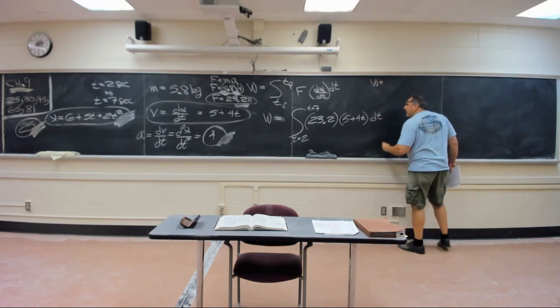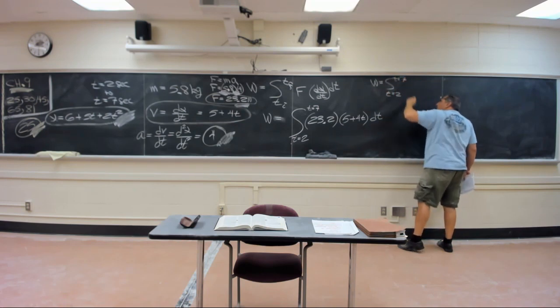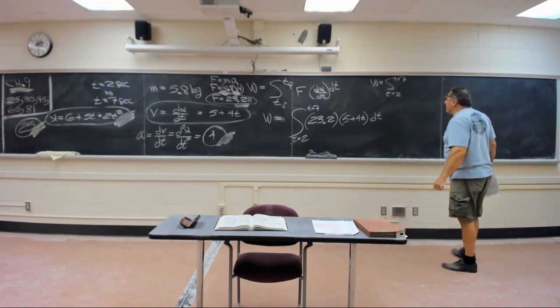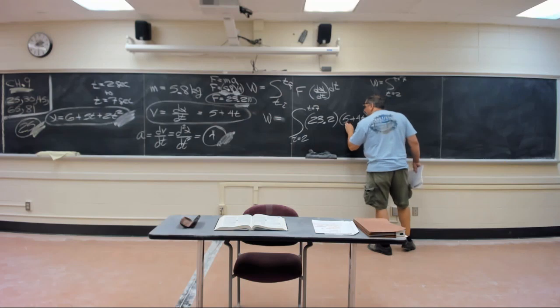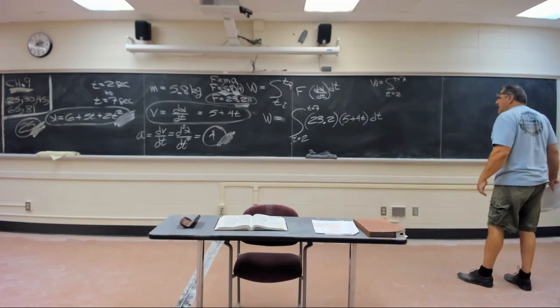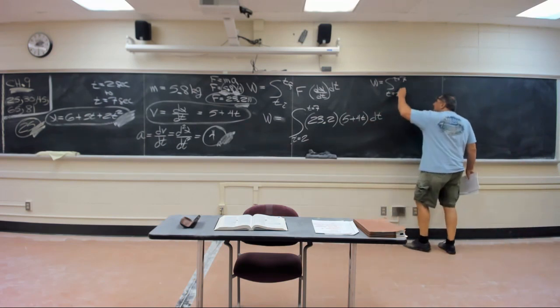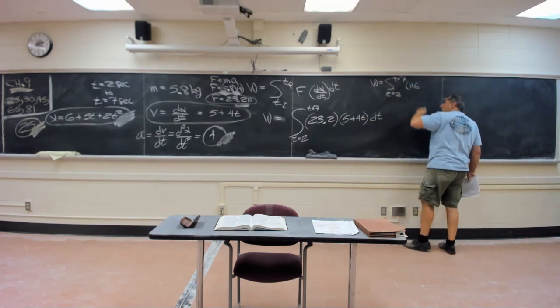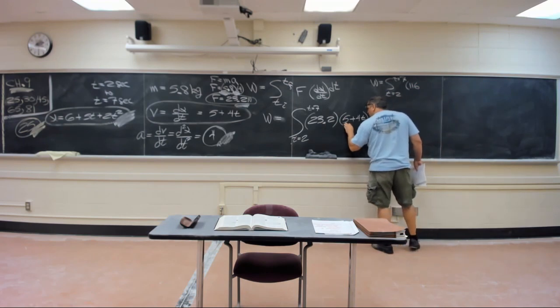What we got here is the integral from 2 seconds to 7 seconds. Let's see what we got. 5 times this is going to be 116. So this times 5 is 116.